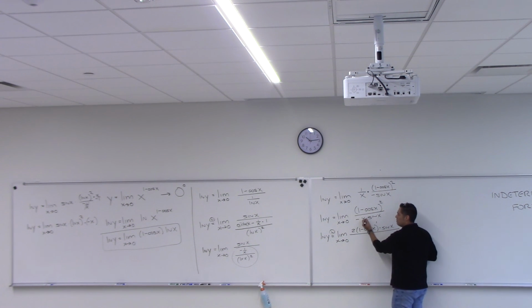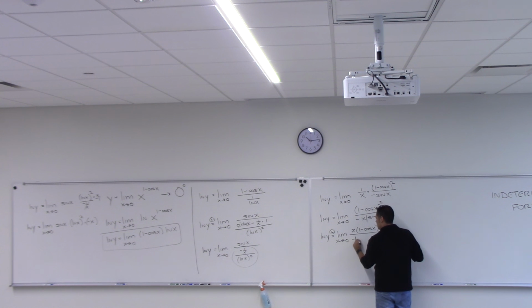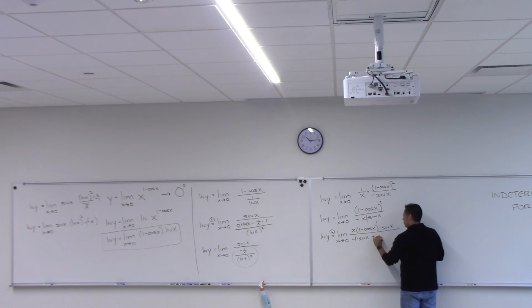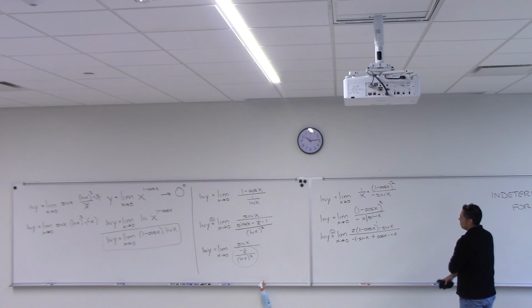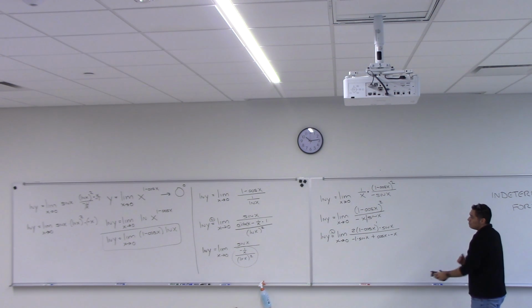See the product right there between those two? So I'm going to do derivative of this times this plus derivative of this times this. So derivative of that is negative 1 times sine x plus, now the derivative of sine x, which is cosine x, times negative x. So times that one. Wow.